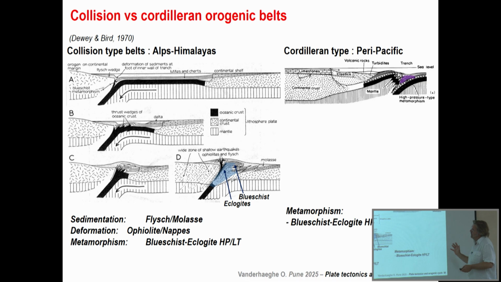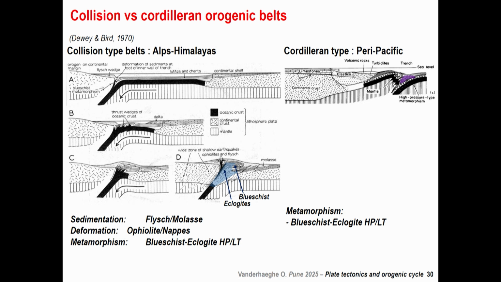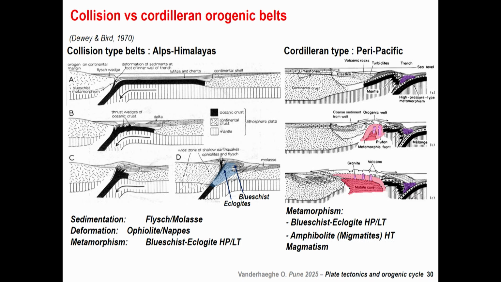And then they distinguish that from the Cordilleran type belts, the peri-Pacific, where you can also see high pressure rocks, here in purple. But there is also a belt in a more internal position of high temperature rocks, which in their model they relate to the emplacement of magma. So implicitly, they propose that this high temperature is related to contact metamorphism.